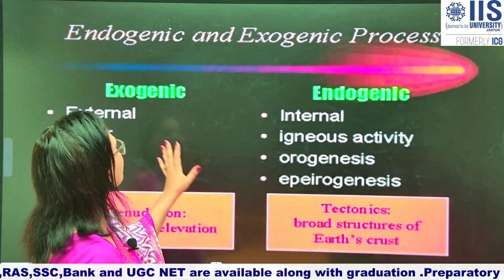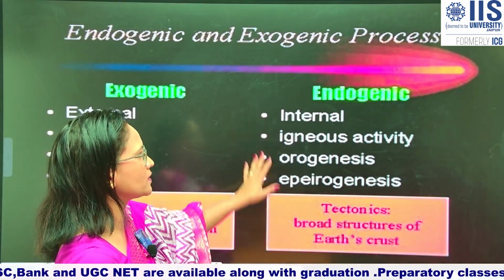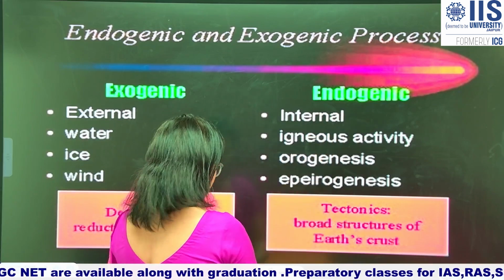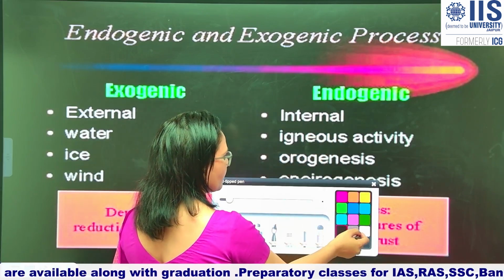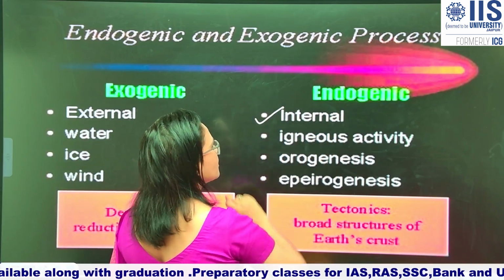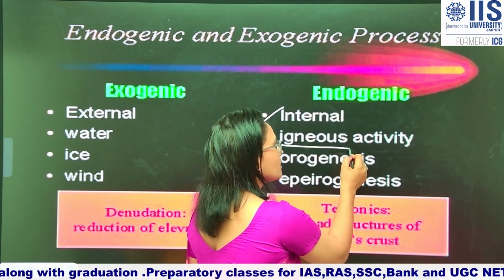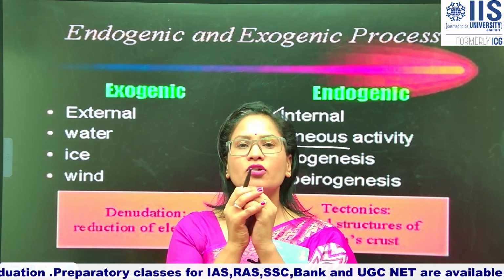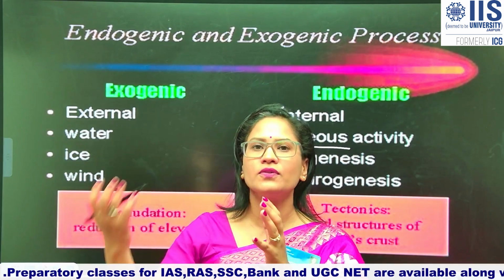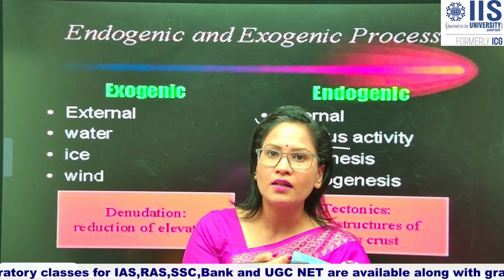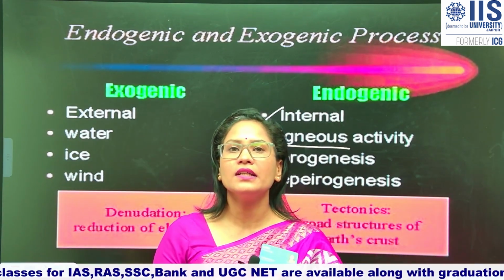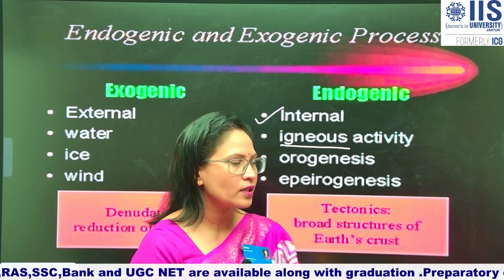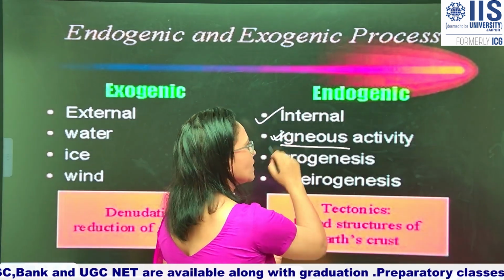For example, endogenic and exogenic processes. What are the parts of endogenic? As we have discussed, they are creating inside the earth, right? They have igneous activity. Why is it so? Because when the movement occurs from the inside of the earth, then the material which comes from the inside of the earth is igneous. It is the ferrous content, it is the nickel content, so it will be known as igneous activity.